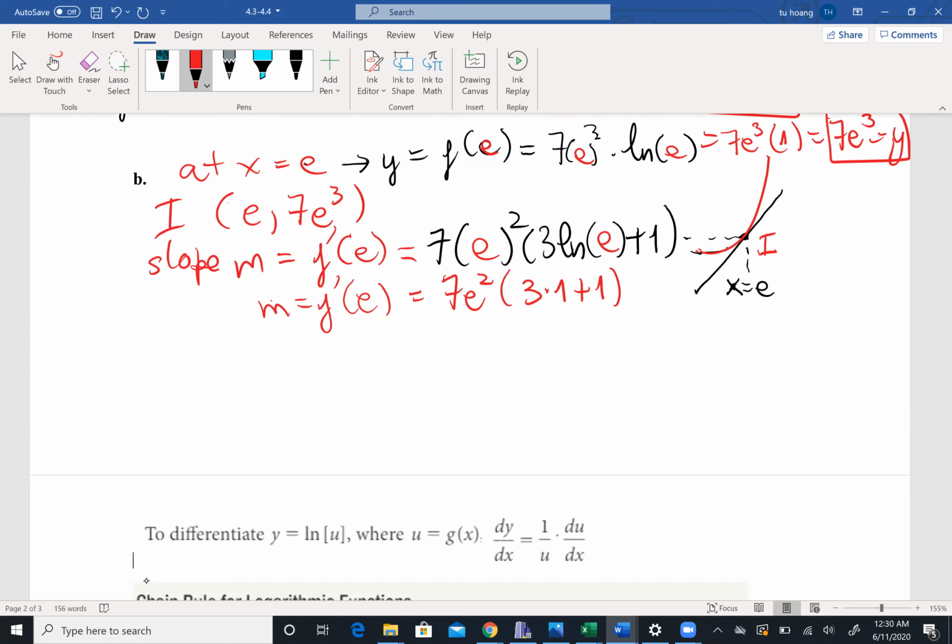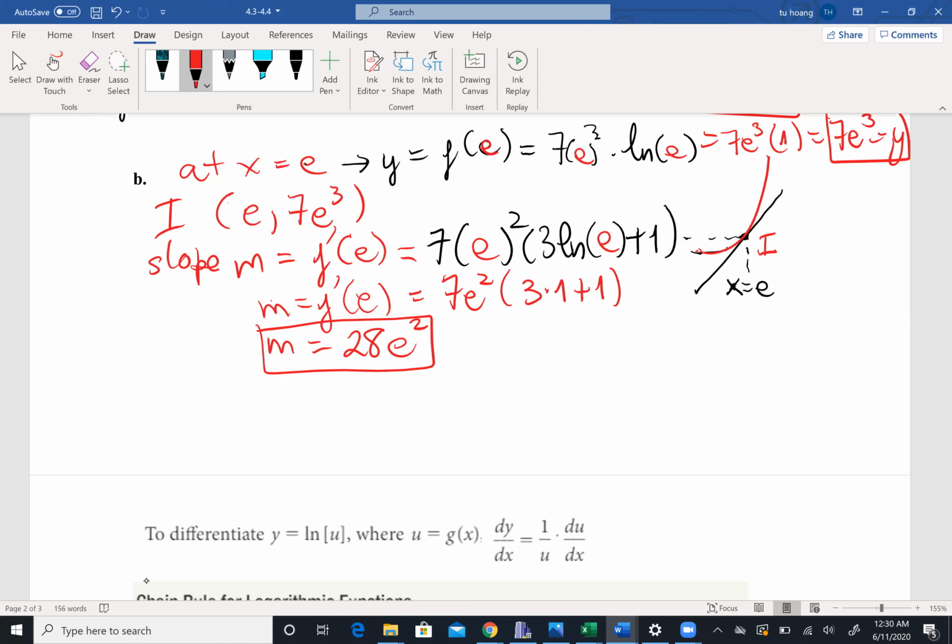And now I will have m equal to 7e squared times 4. So 4 times 7 is going to be equal to 28e squared. So that is the slope of the line, of the tangent line.